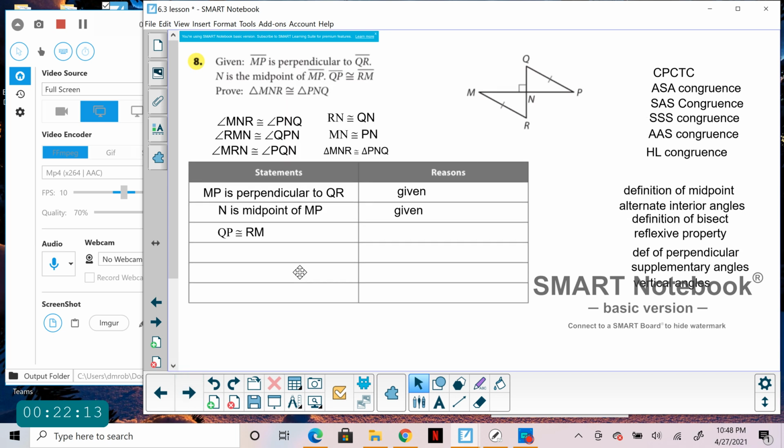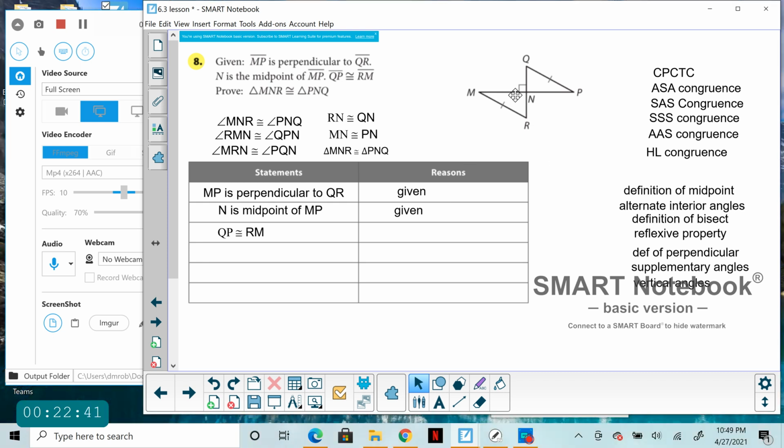Alright, number 8. Given MP is perpendicular to QR and N is the midpoint of MP and QP is congruent to RM, we can say, let's see, what have we got?